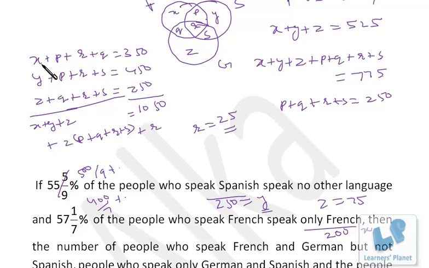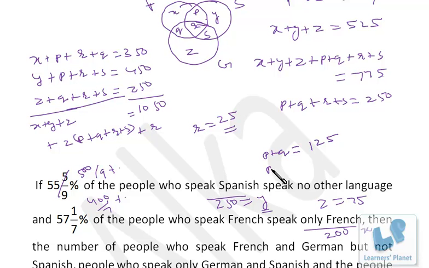three equations, right? Here X and R I know. X is 200 and R is 25, right? So P plus Q will be 350 minus 225, that's 125. Similarly, Y is 250 and R is 25. So Y plus R is 225.